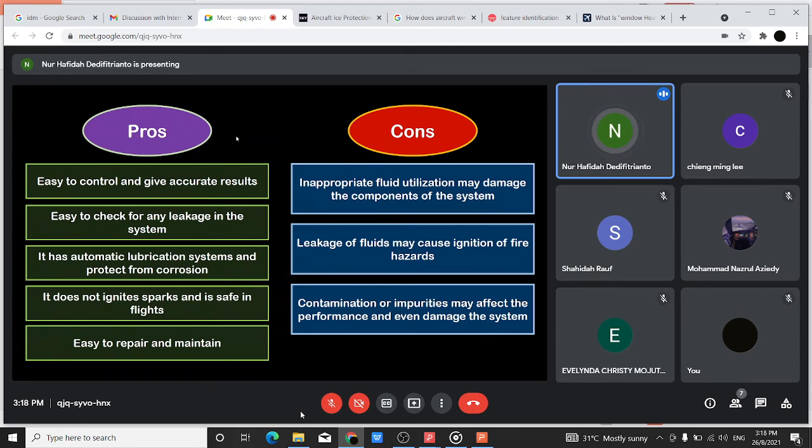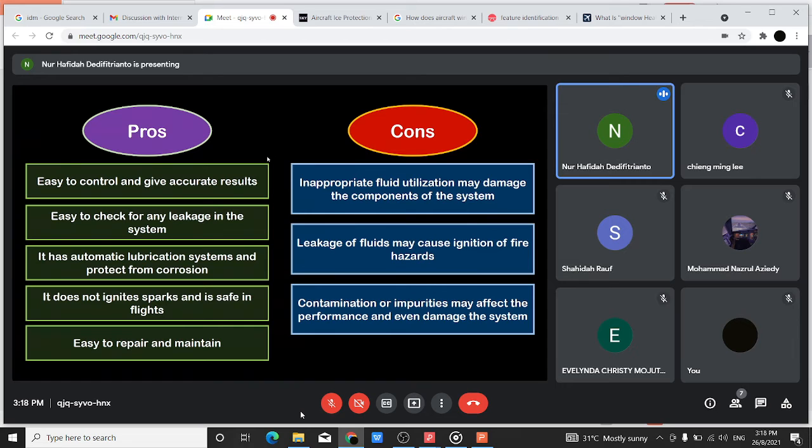It's easy to check for any leakage in the system. It has an automatic lubrication system and protects from corrosion. It does not ignite sparks in flight because usually we use a fluid that is very suitable. For example, as I mentioned with the fluid properties, it has a high boiling point so that it's not easily transformed from liquid to gas.